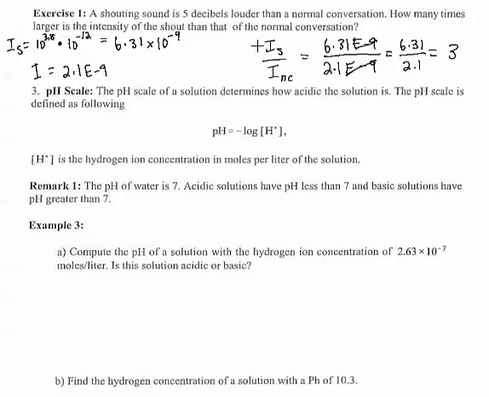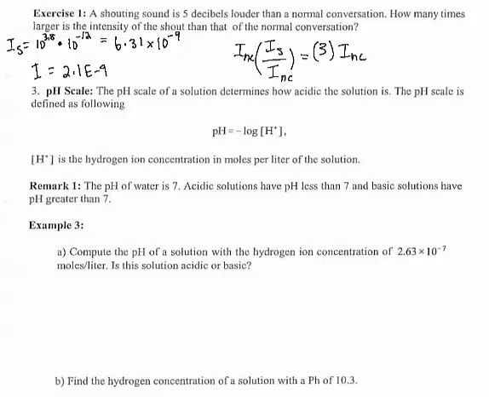Okay, so if we rearrange this, what we have here is I shout divided by I of normal conversation equals 3. If we move the 3 over and we say we want to solve for the intensity of the shout, then to do that we would just take both sides and multiply by intensity of normal conversation.